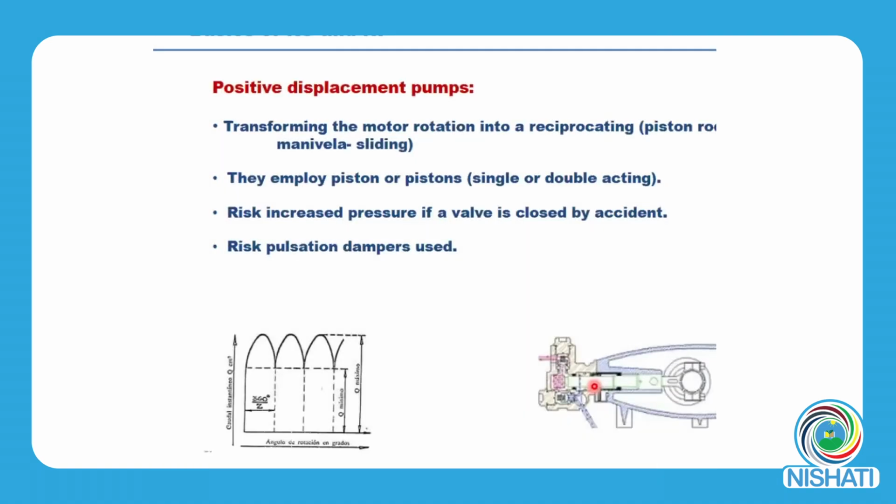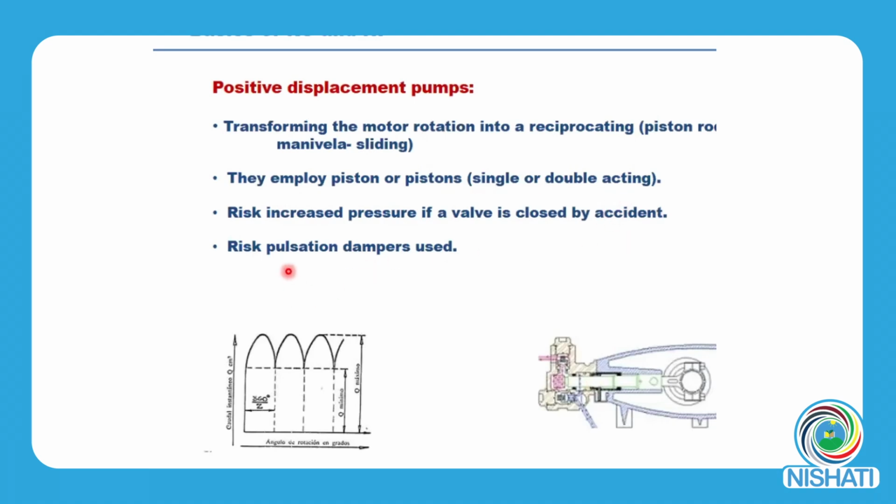The positive displacement pump is like a piston. So this piston is pushing the water. It has a motor and we have a piston that is pushing the water into the system. You must be very careful in case some valve is closed.